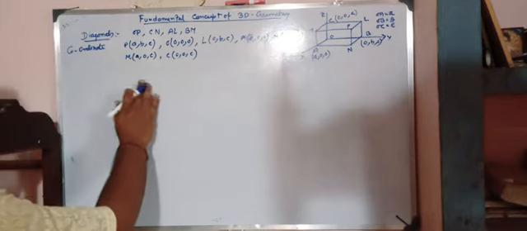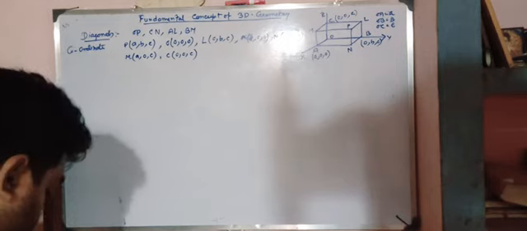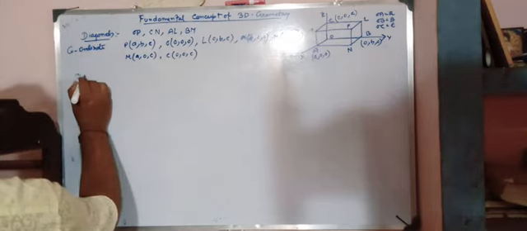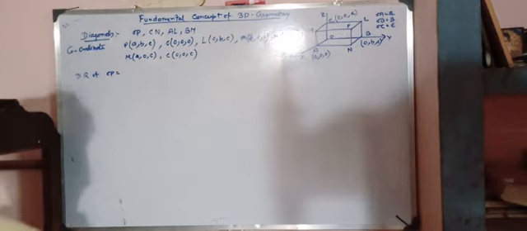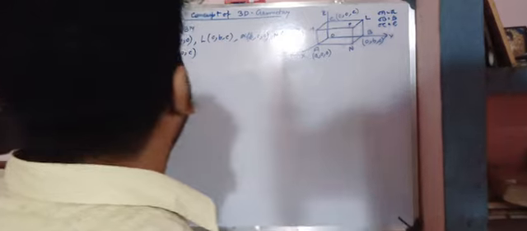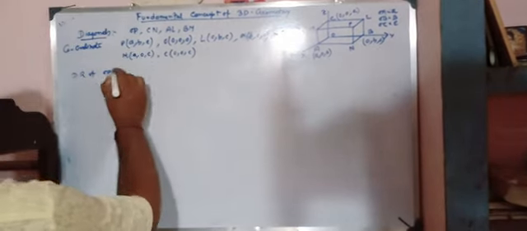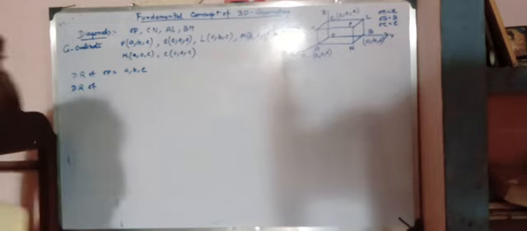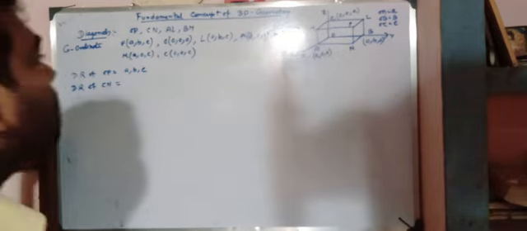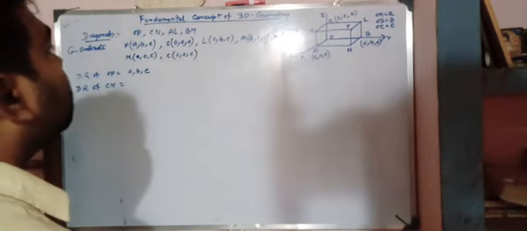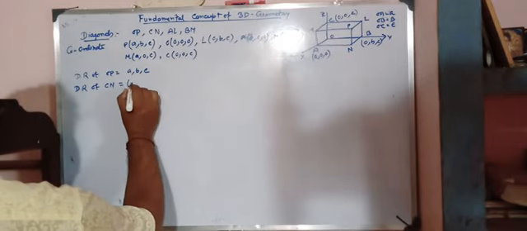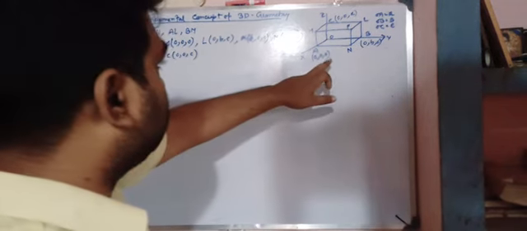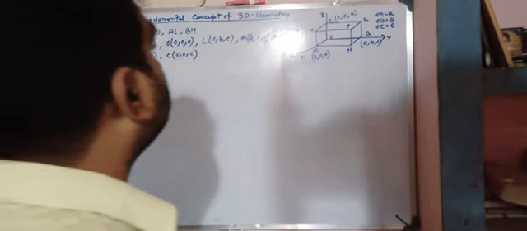So the direction ratio of the diagonal OP is equal to coordinate of P minus coordinate of O, that is (a, b, c). Now the direction ratio of CN diagonal should be N minus C. N is equal to (a, b, 0) minus (0, 0, c).